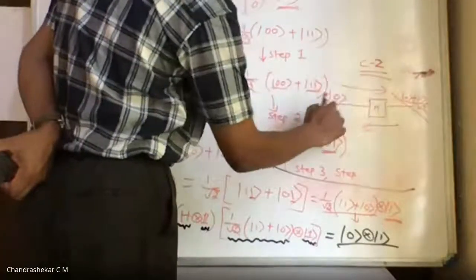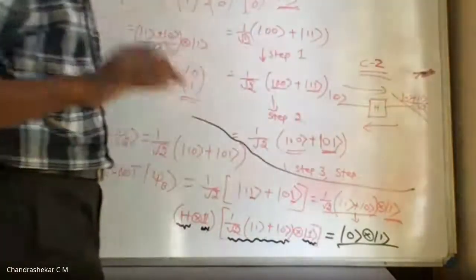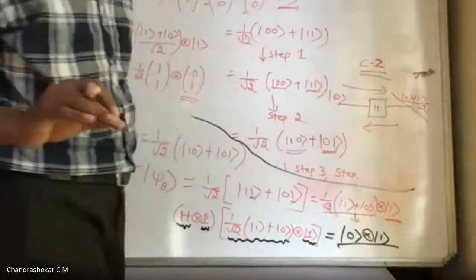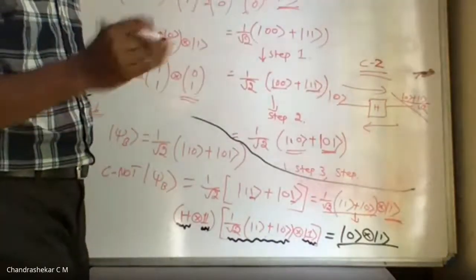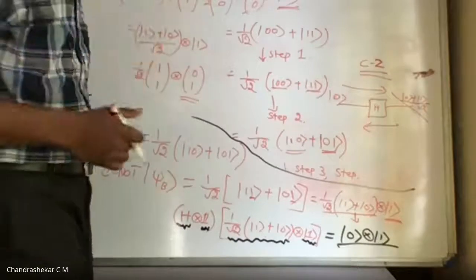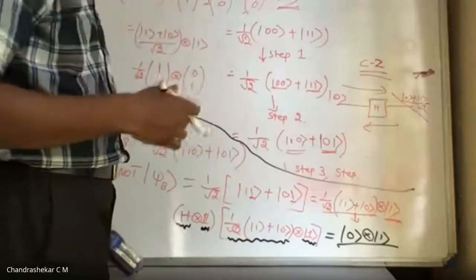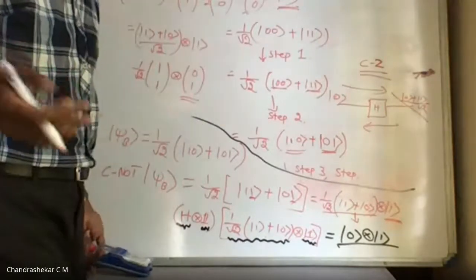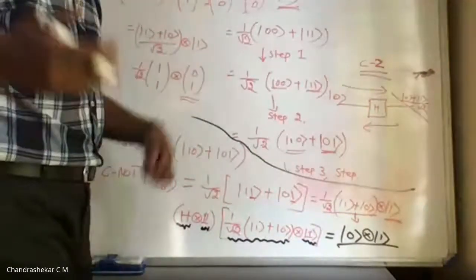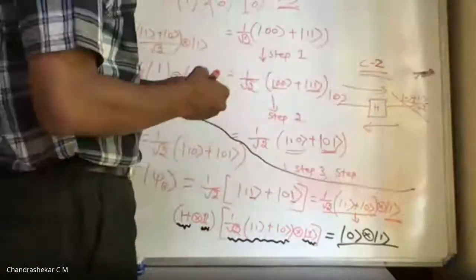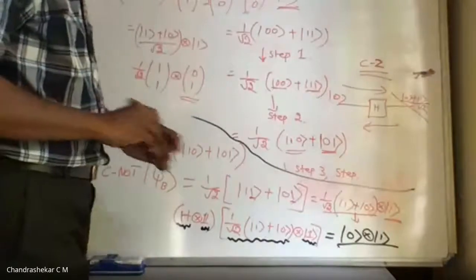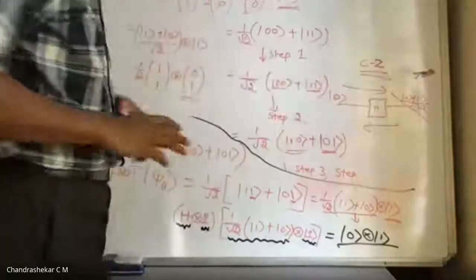If I start with state 0, I get this state. So one of the interesting things about these unitary operators is that they are reversible. You can take an inverse of those matrices and work back. That's why we take complex conjugates and adjoints in the operations. So you can always apply these simple reversible Hadamard operators and get the state you want.